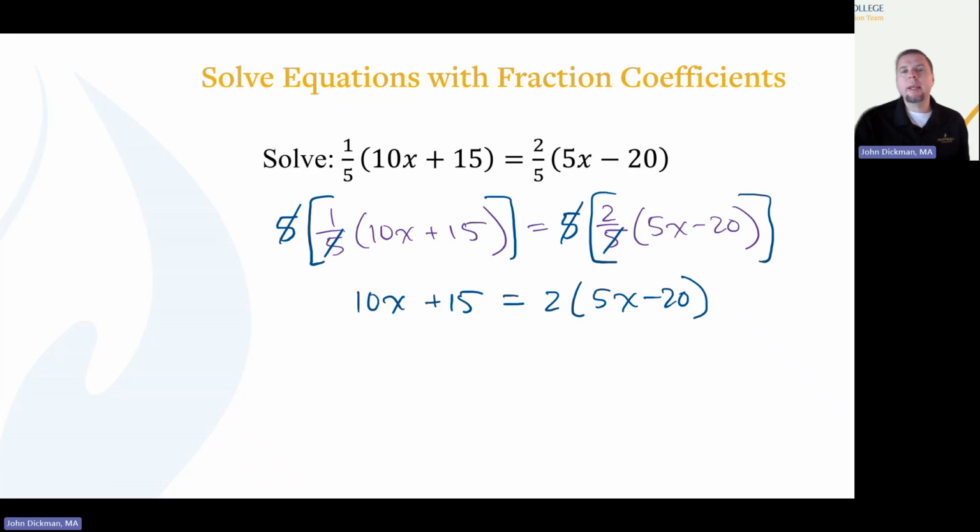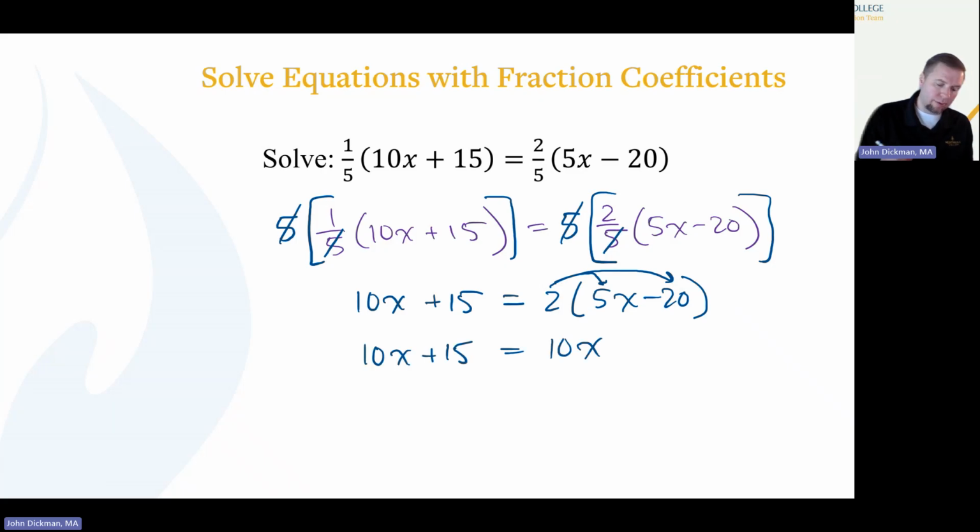Now this problem is just like the problems we've been doing this whole class, or this whole webinar. And so we are going to distribute the 2 over here. We have 10x plus 15 equals 10x minus 40.